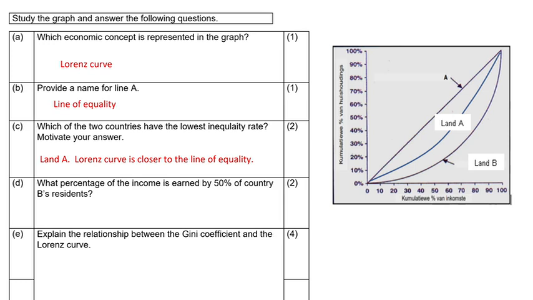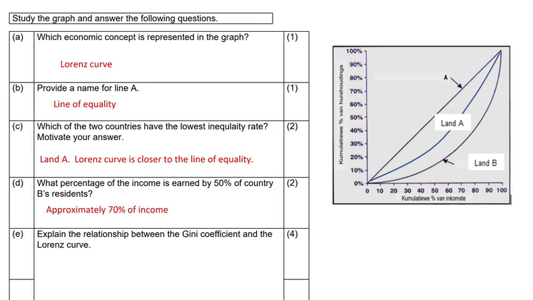What percentage of income is earned by 50% of country B's residents? So if I go here, that is where 50 is, and I go up to B and I go across, then that should give me more or less what the earnings are. 50% of the country, right?